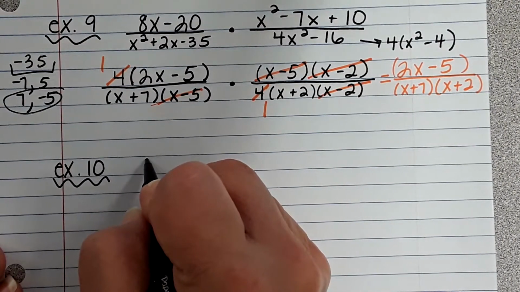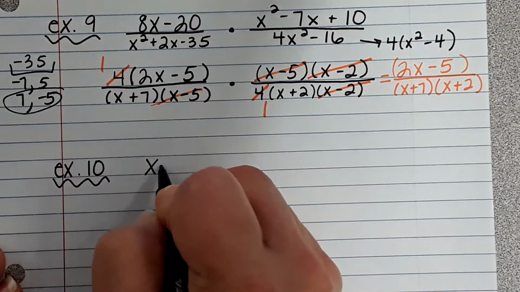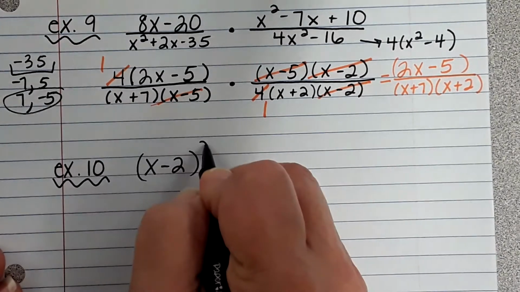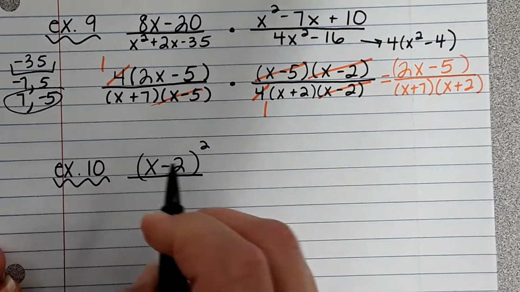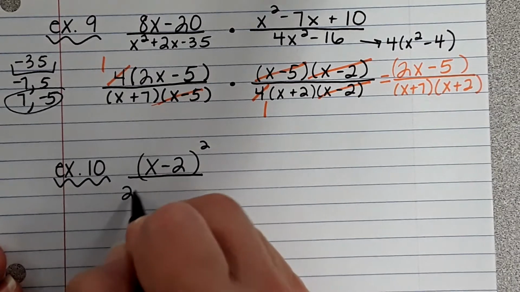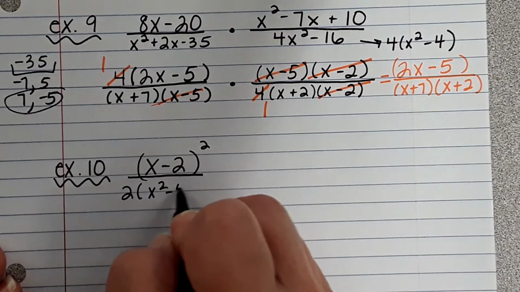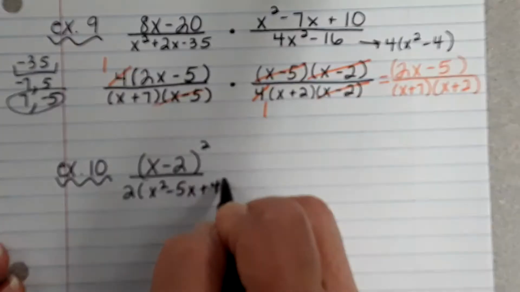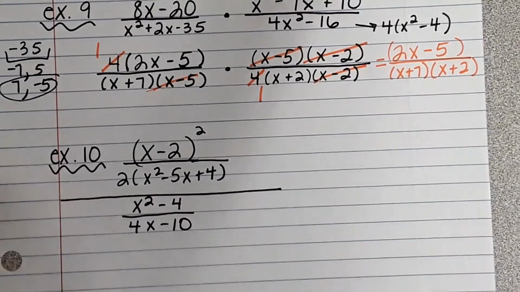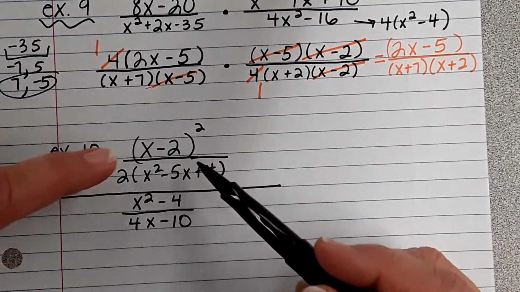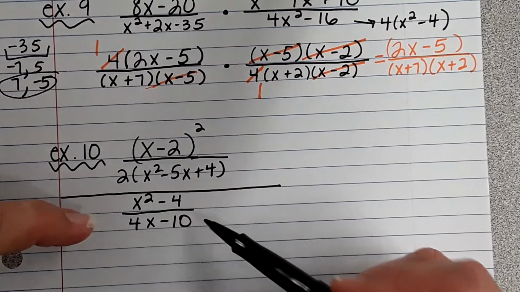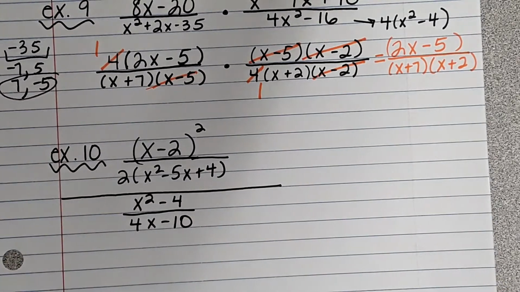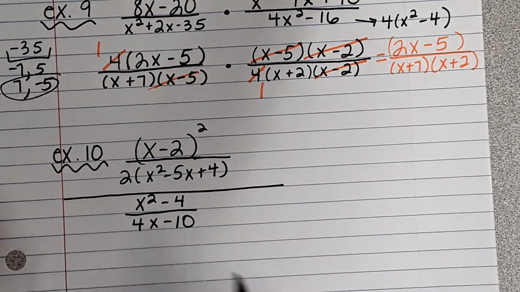Now we're going to do... So when you see a fraction over a fraction, this is what we call a complex fraction. What we're going to do is rewrite it.